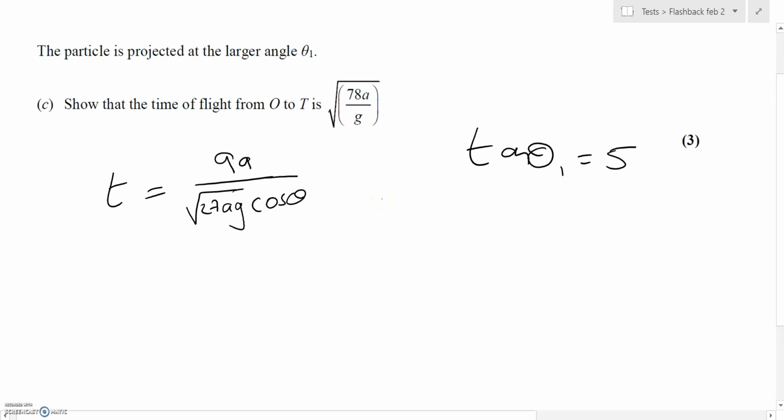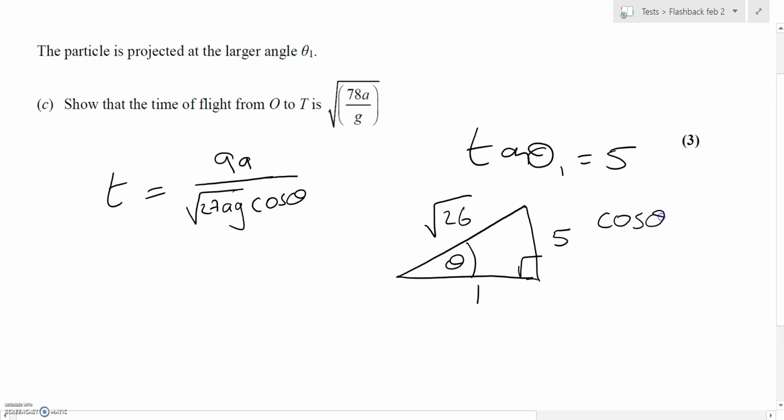Now that we know that tan theta is equal to 5, we can draw our right angle triangle. Tan theta is equal to 5. That means that the ratio between the opposite and the adjacent must be 5. The simplest way to do that is put a 5 and a 1 there. So the hypotenuse must be root 26, and so cos theta 1 must be equal to adjacent over hypotenuse.